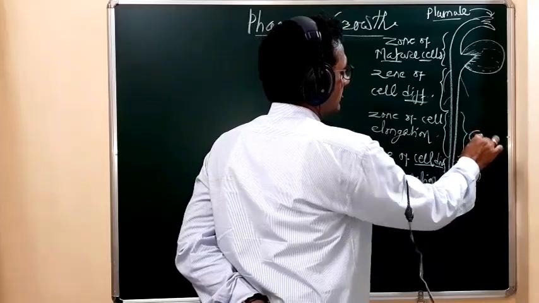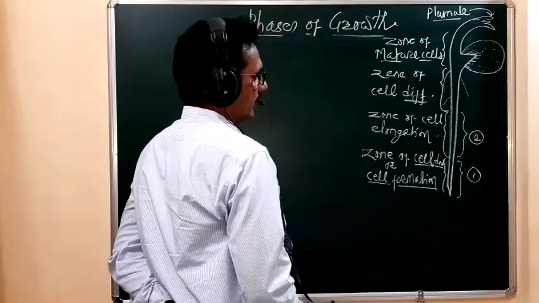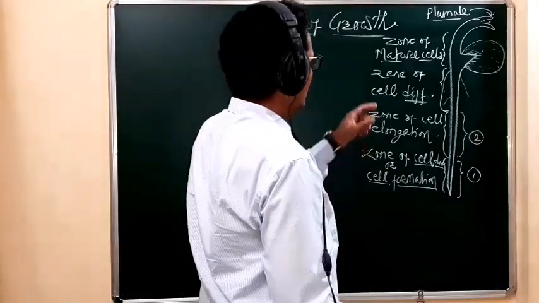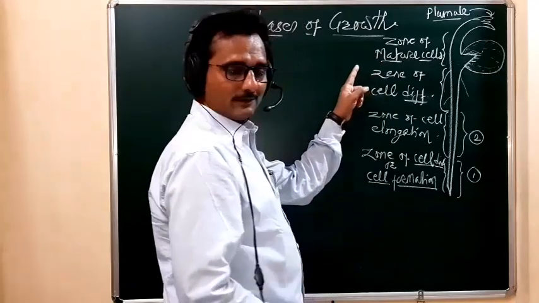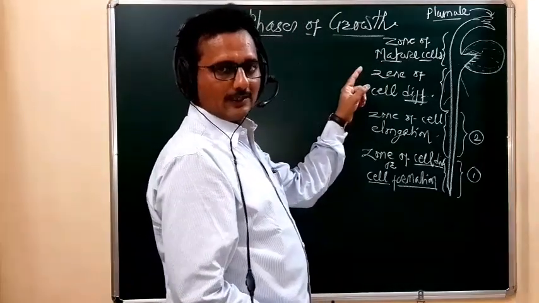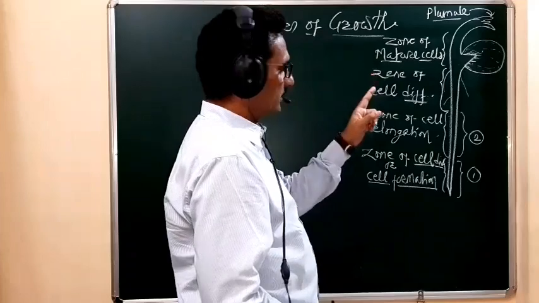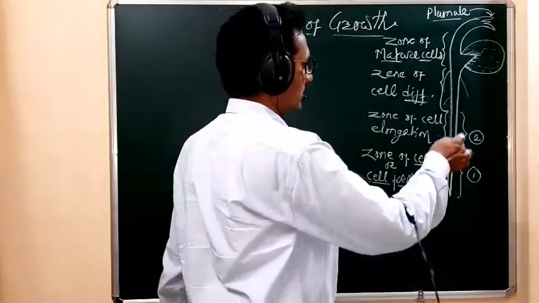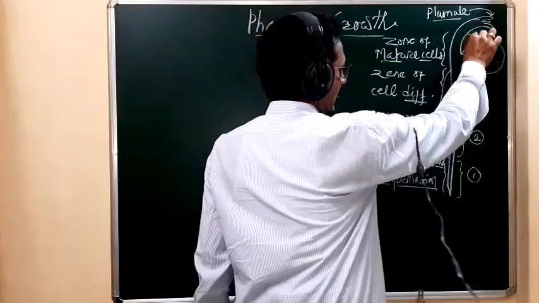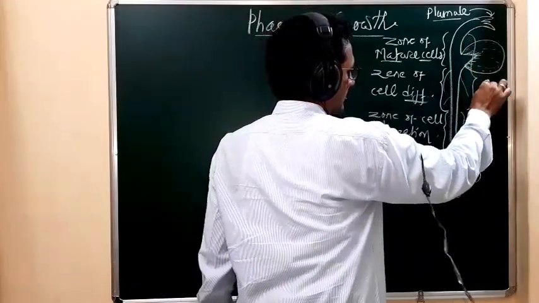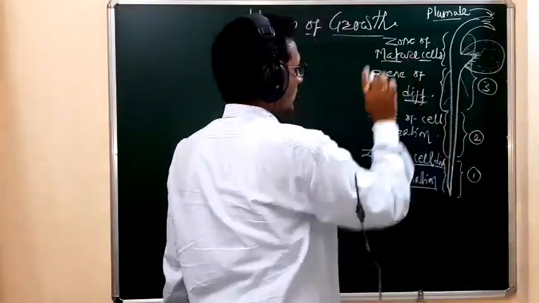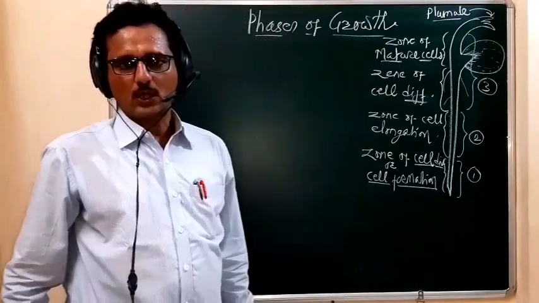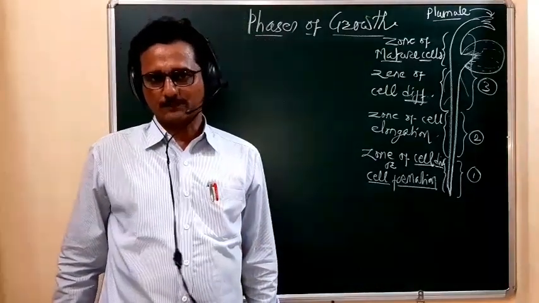And the third phase is the zone of maturation, just after the zone of cell differentiation. Together, this is the third region, the zone of mature cells, or the zone of maturation.